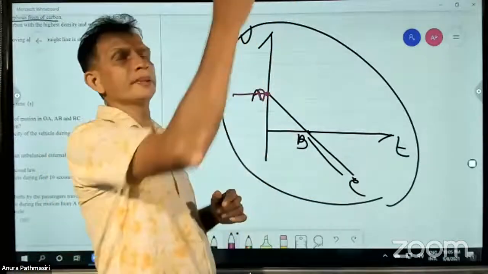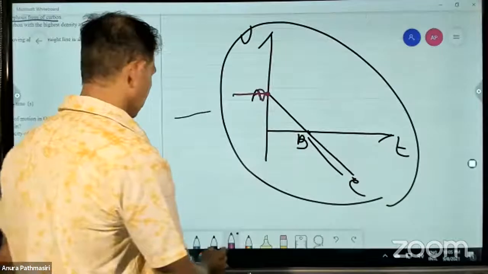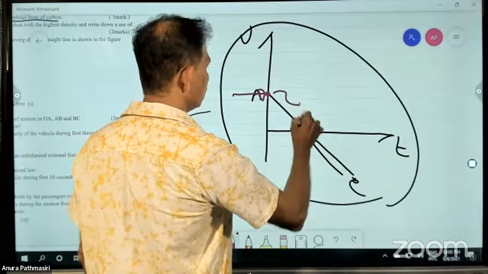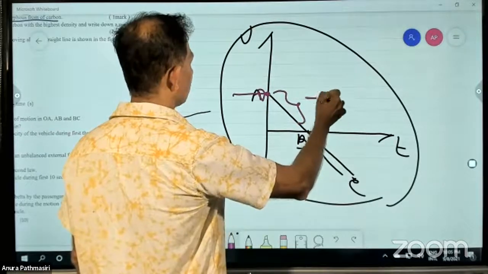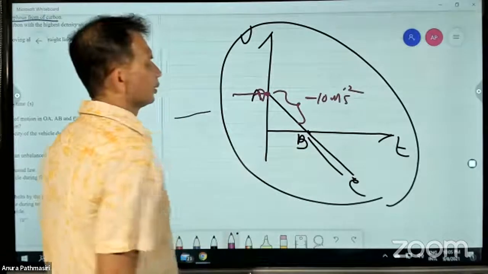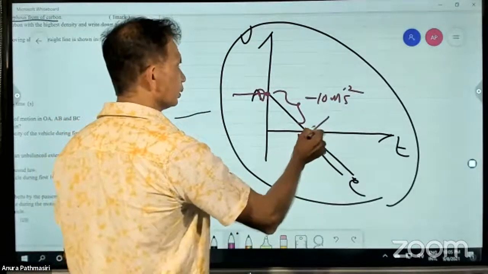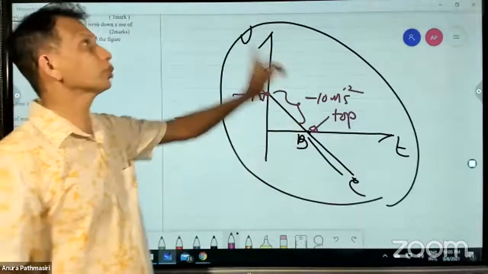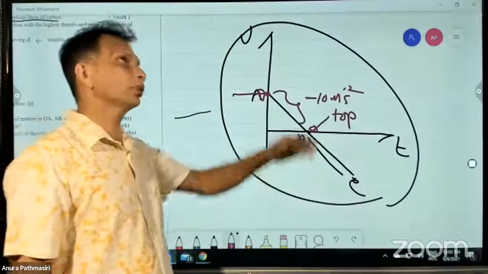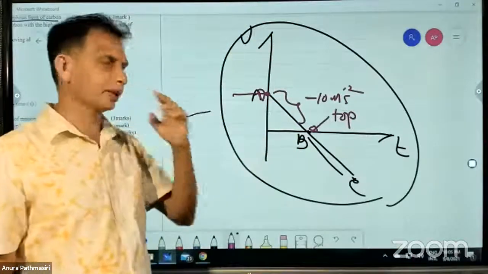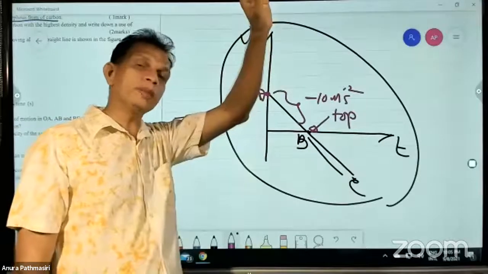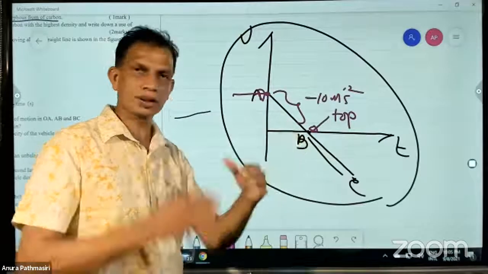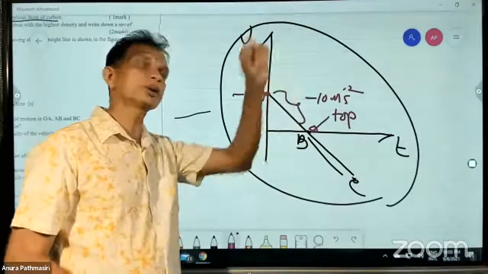But it moves up with negative acceleration, that's gravitational acceleration, negative value, 10 meters per second square. It moves to the particular direction with the negative acceleration, and then at the top it stops. This is the top position, not the initial position.